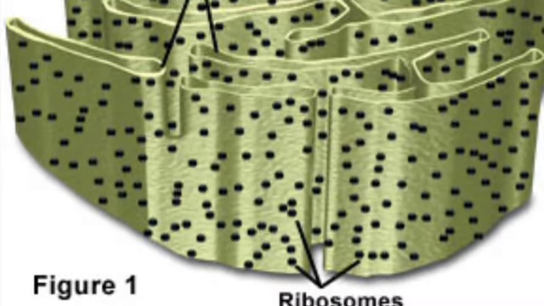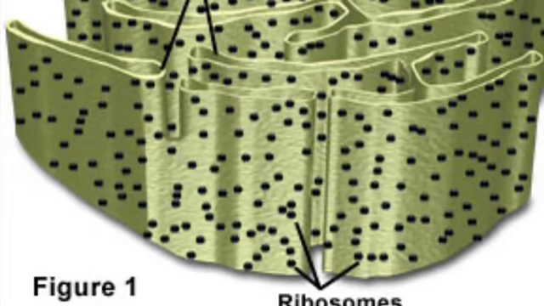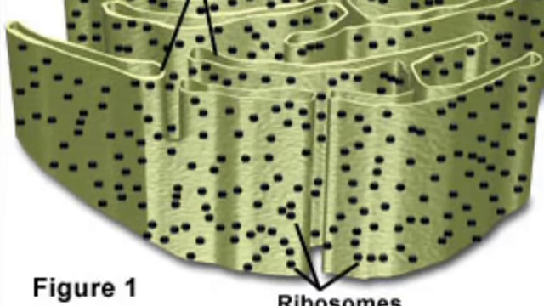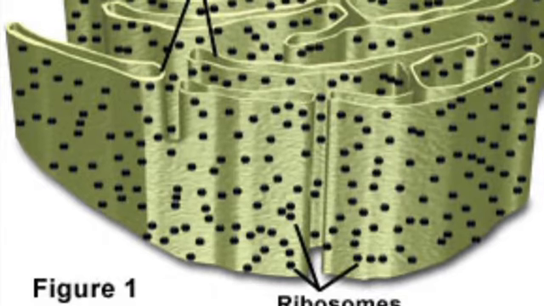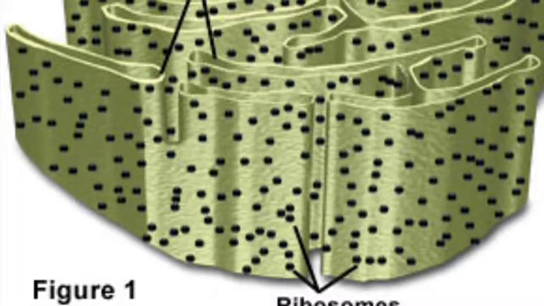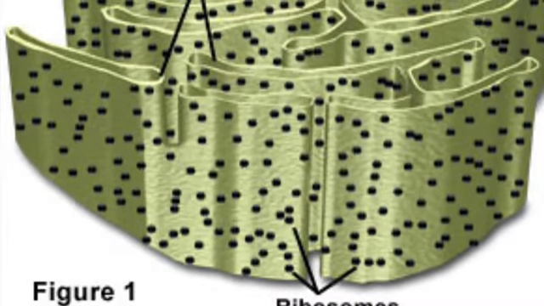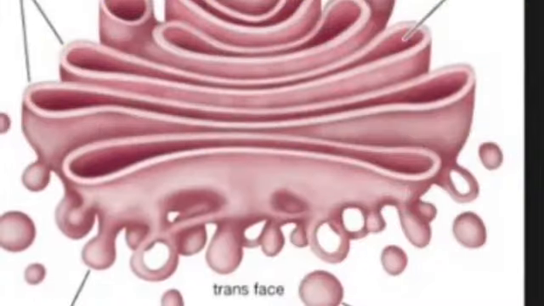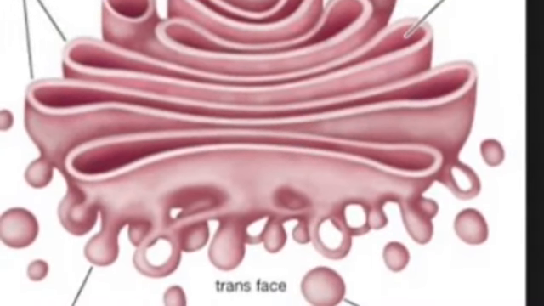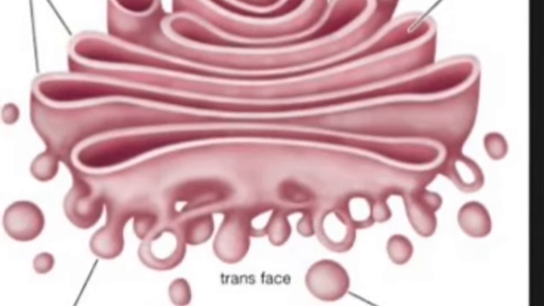Rough ER is also responsible for protein synthesis, and the reason is because ribosomes are attached to it. So it should only make sense to you that rough ER is going to be involved in the making of proteins.